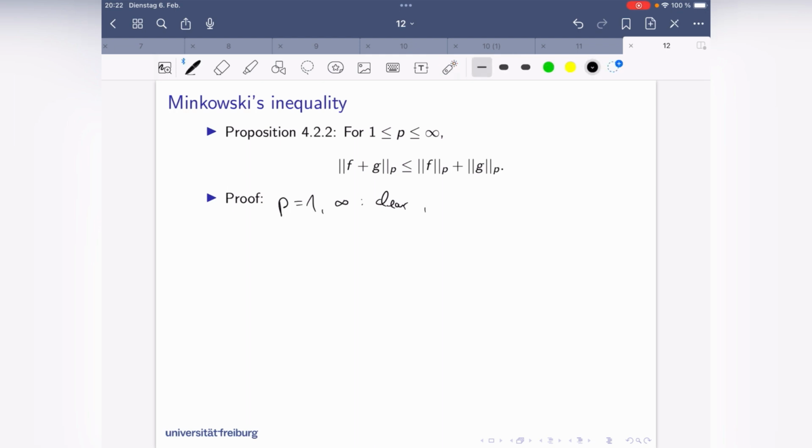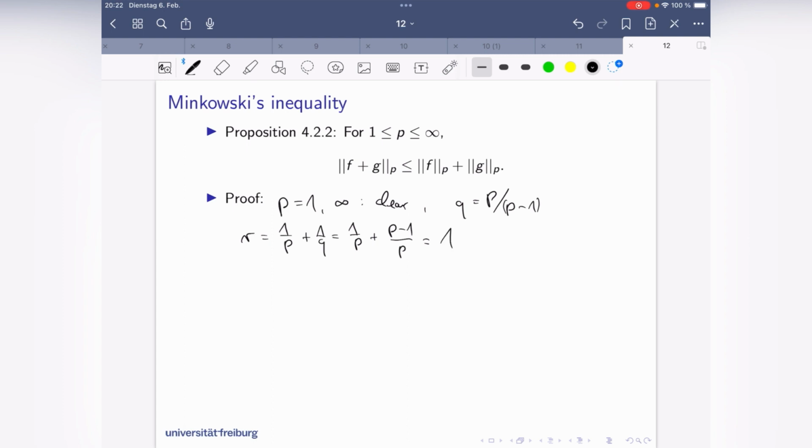And in this case, we set q to be p divided by p minus 1. And r, well, as 1 over p plus 1 over q. And what is 1 over p plus 1 over q? That's 1 over p plus, okay, 1 over q is p minus 1 over p. And 1 plus p minus 1 is p, and p divided by p is 1.